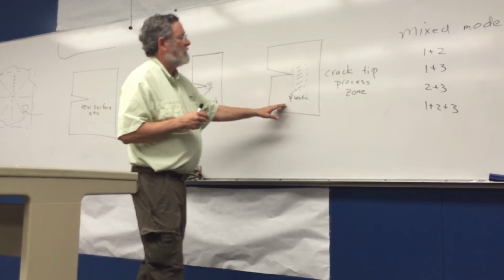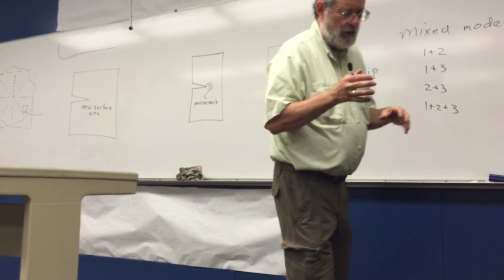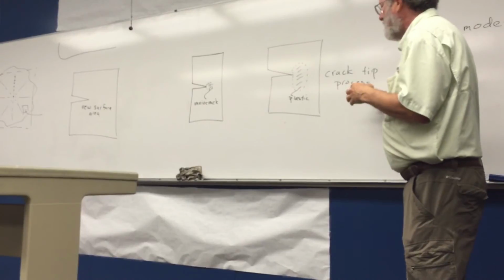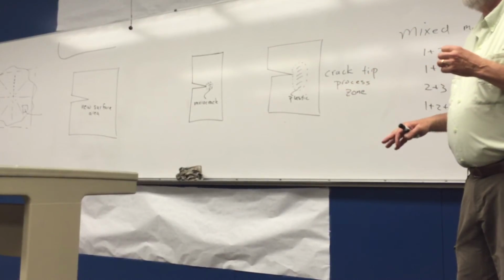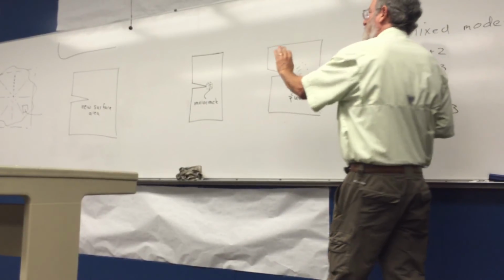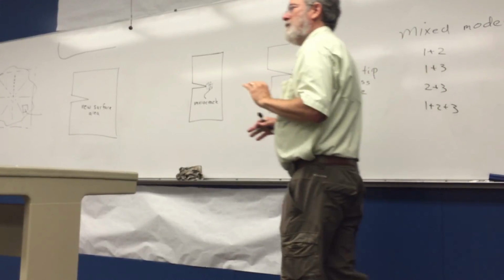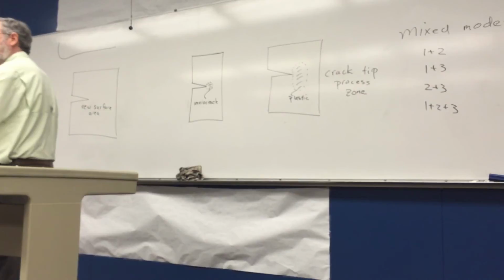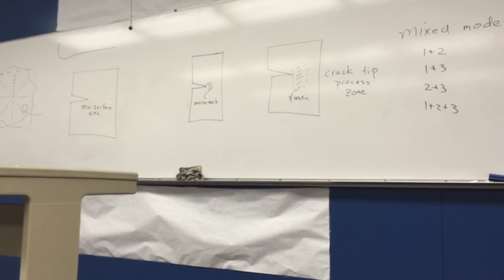And so there's been a lot of research about what's happening at that crack tip process zone to try to understand how far these fractures will propagate, because depending on how much energy we put into the system, plus the material type, the depth, and so on, that fracture might propagate for a great distance, or it might not go very far at all.